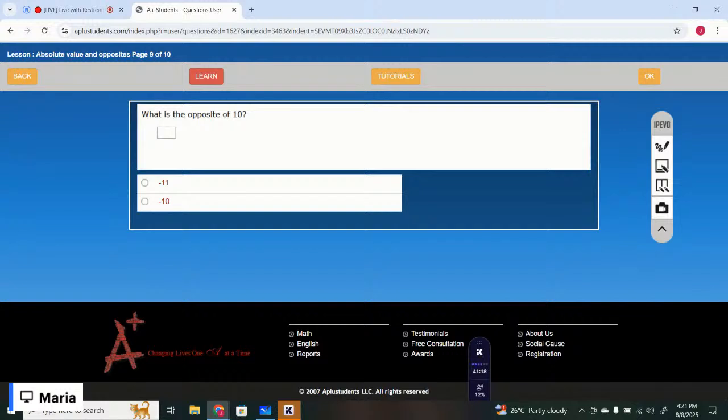What is the opposite of 10? Negative 10 it is. Option number 2 is the correct option.